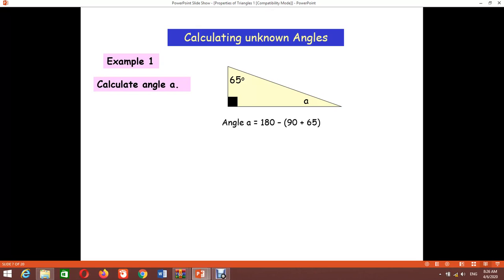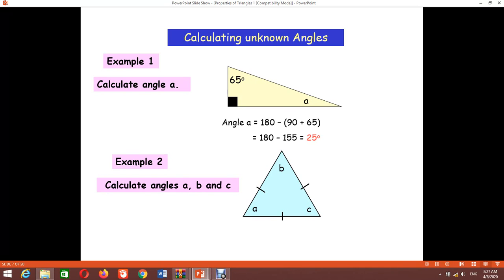My fellow students, angle A is equal to 180 minus bracket begins 90 plus 65 close. Now, if you add 90 plus 65, it will give us an answer of 155. And therefore, angle A is equal to 180 minus 155, which is equal to 25 degrees.